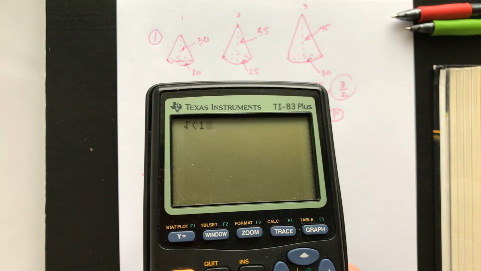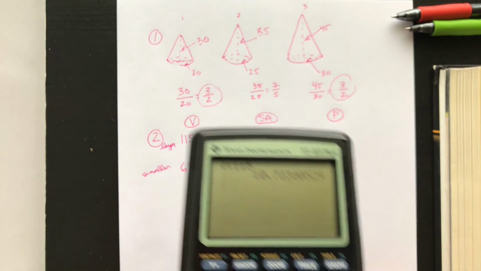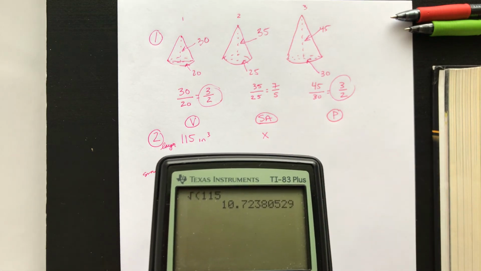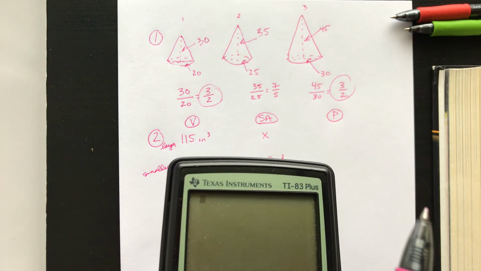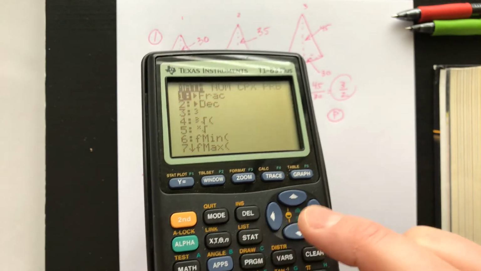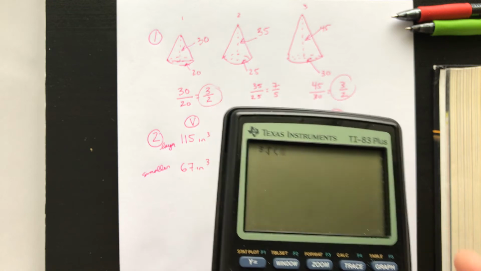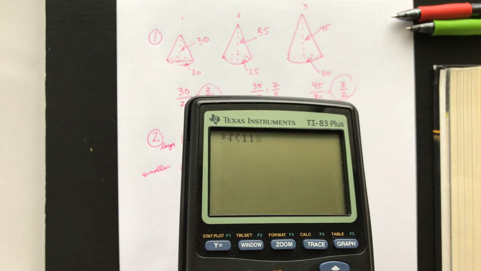I'm sorry, we don't do the square root, we do the cubed root. Sorry about that. So when you do cubed root, you push the math button, and you come down here, number 4 is the cubed root of 115.